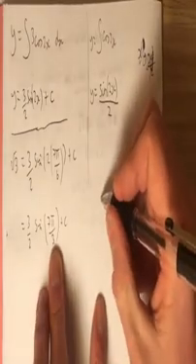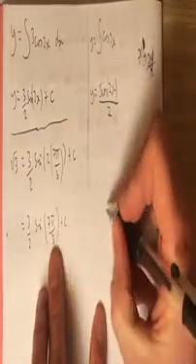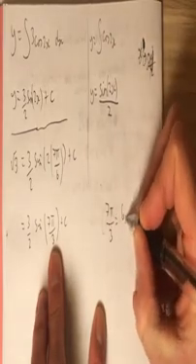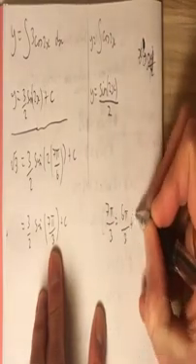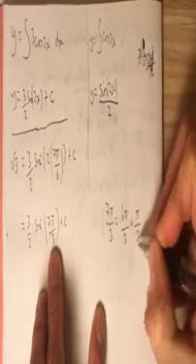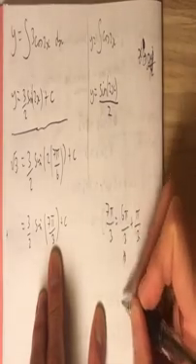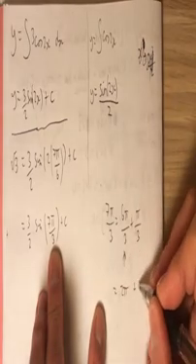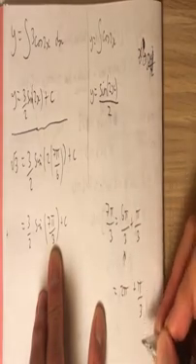Let's work it out. 7 pi by 3 is like having 6 pi by 3 plus 1 more pi by 3. That's like having 2 pi plus pi over 3.